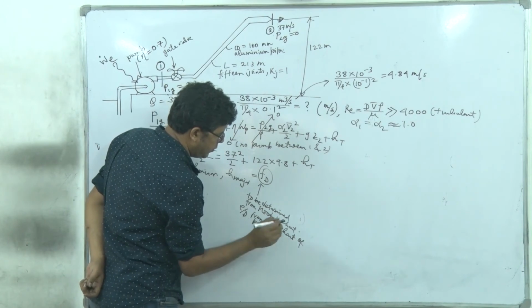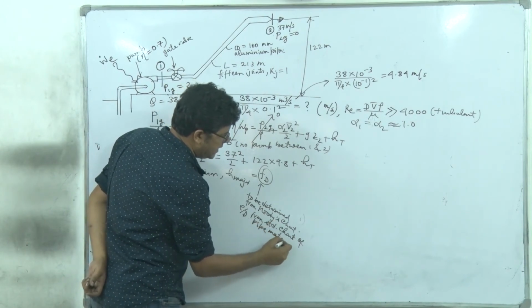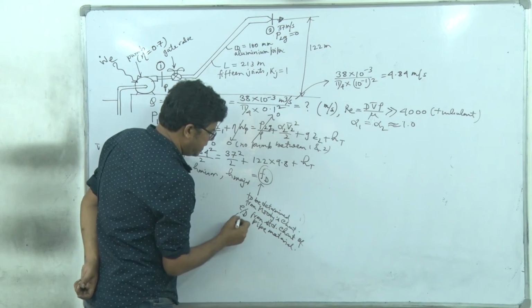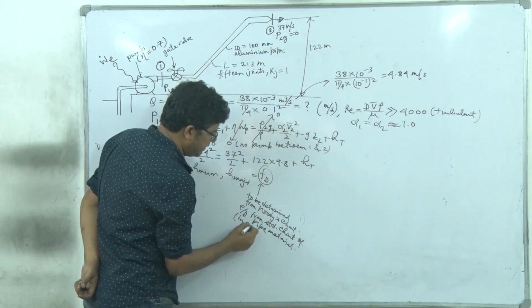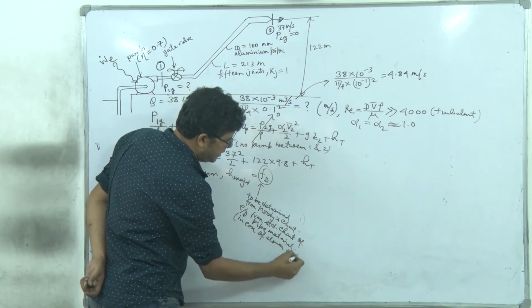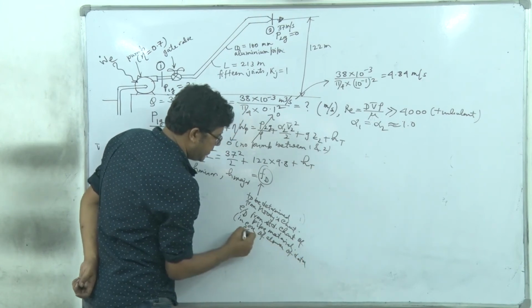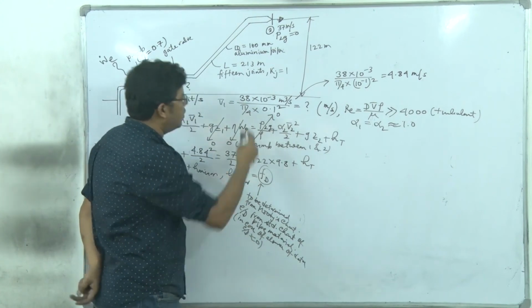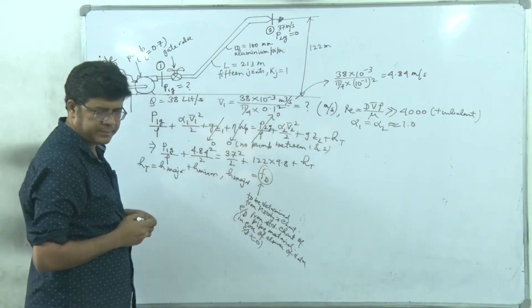I'm not going into that. In case of absence of data, you consider E by D to be equal to 0 or a very low value, whatever.